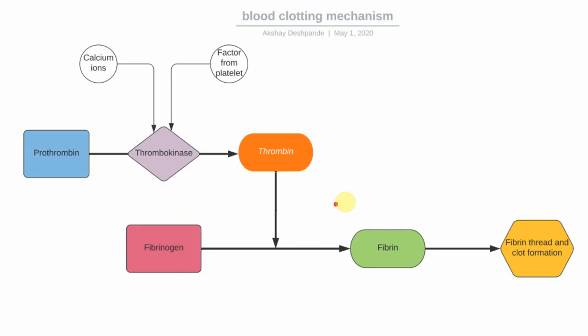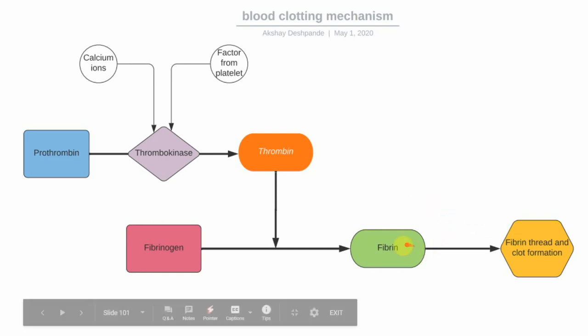So moving on, we can look into the blood clotting mechanism. So you can see that when there is any particular wound, there is a formation of clot, right? So this clot formation is mainly because of a special protein present in the blood called fibrin. So now the fibrin is mainly involved in the formation of fibrin thread and also the clot formation. However, you see that the fibrin is actually present in an inactivated form called fibrinogen.